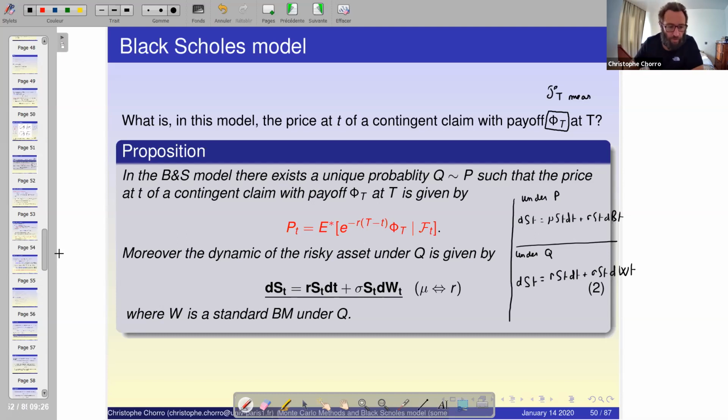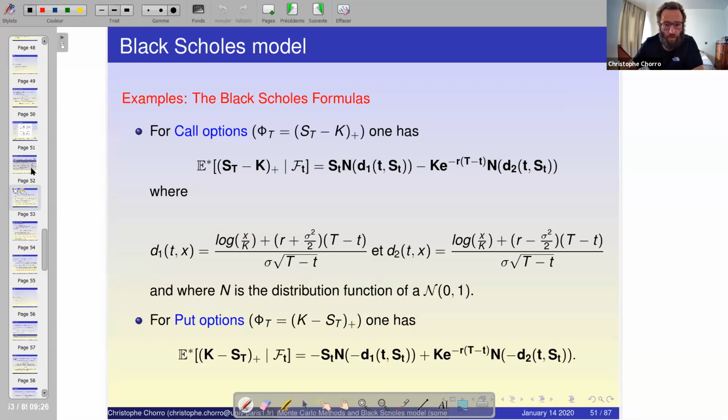So let me enter into more details. What is nice in the Black-Scholes model, and something you know, is that you have closed form expressions for the price of call and put options.